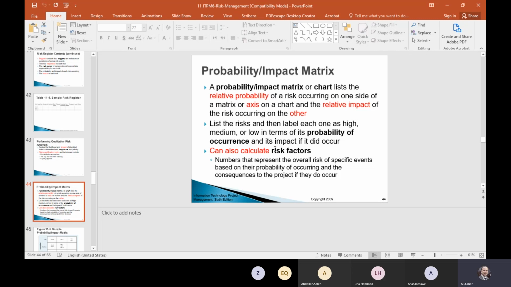You will have to label each risk as high, medium, or low in terms of the probability. Its probability of occurring is very high. Probability of occurring of this risk is low.